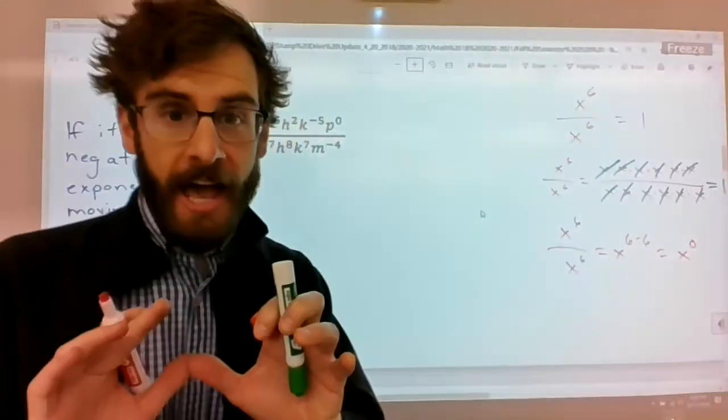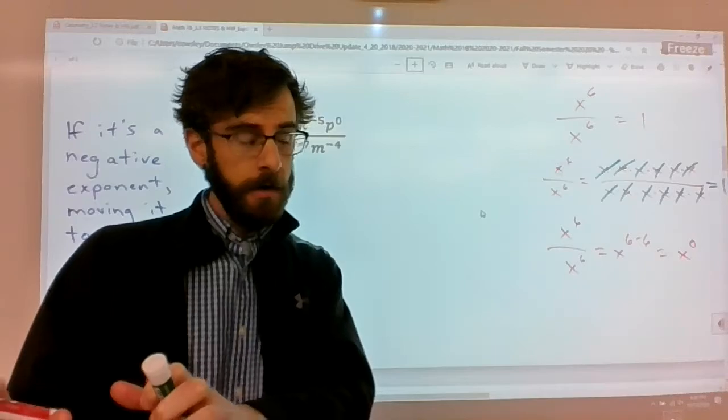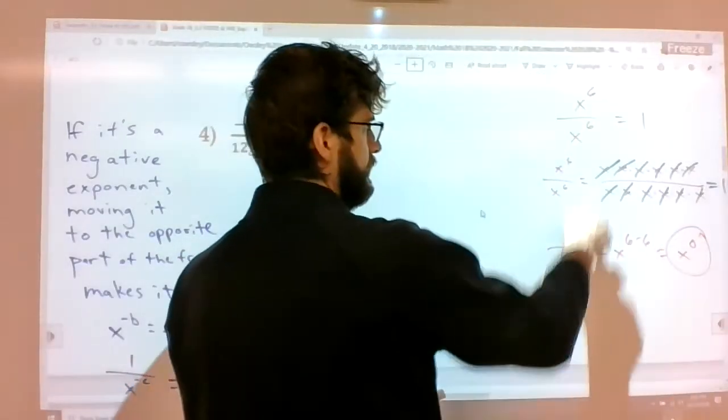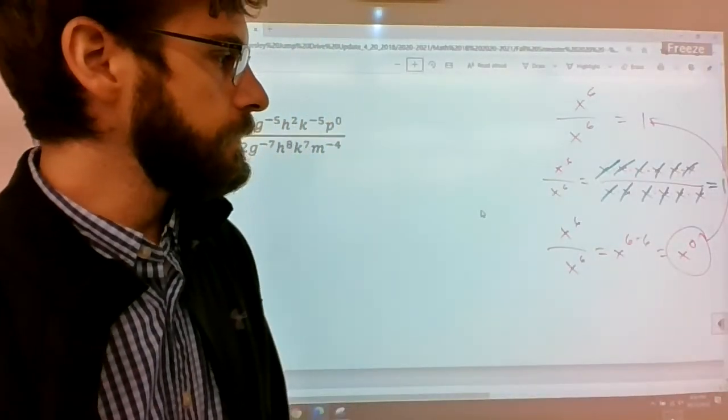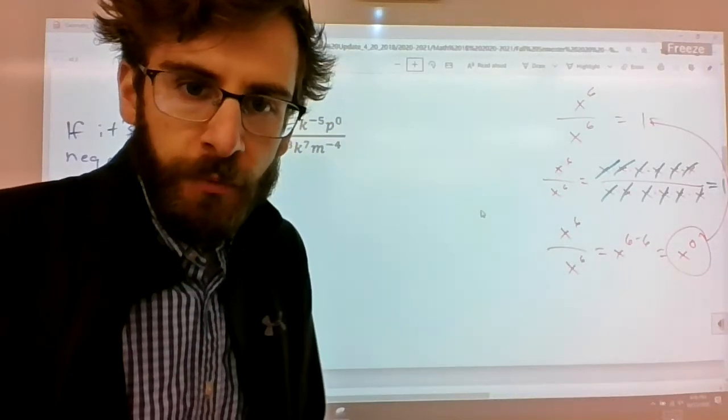Whoa! We just showed that x to the 0 power is the same as 1. Which is basically the rule.